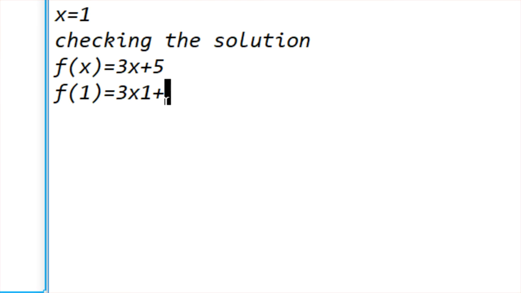Plus 5 will give us 3 plus 5, which is 8. Yes, it's exactly correct. So once you have given x, it's possible to get the solution for f of x. In similar fashion, given x, you can determine f of x.